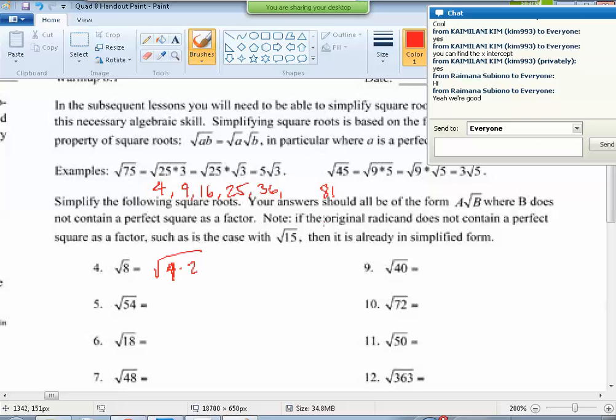It's a perfect square. Okay? So, check this out. 49? Okay. All right.